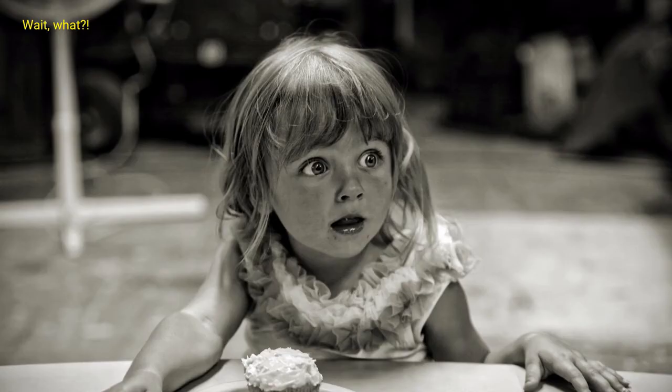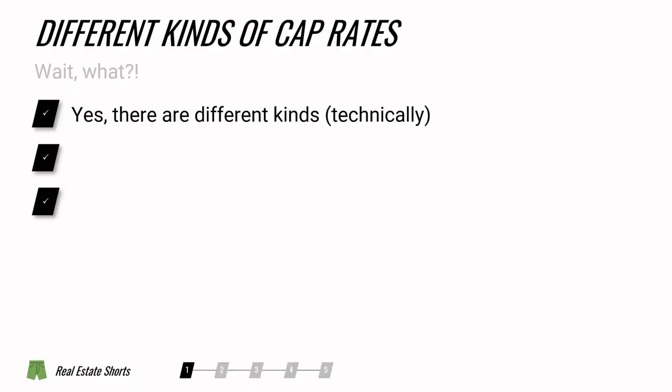So I know a lot of you are probably thinking, I thought there was only one cap rate, and that's it. But believe it or not, there are different kinds of cap rates based on circumstance. Technically speaking, depending on where you are in the transaction or who you are within the transaction, you could describe your cap rate in a different way.